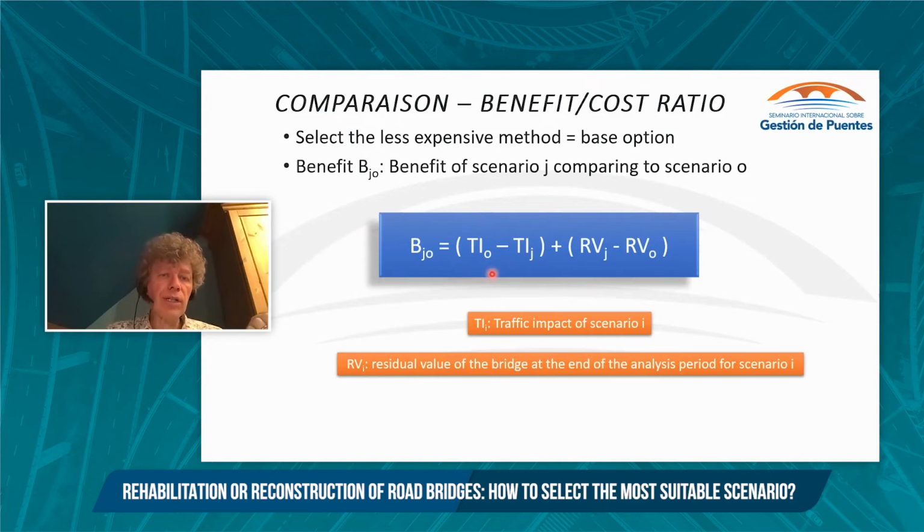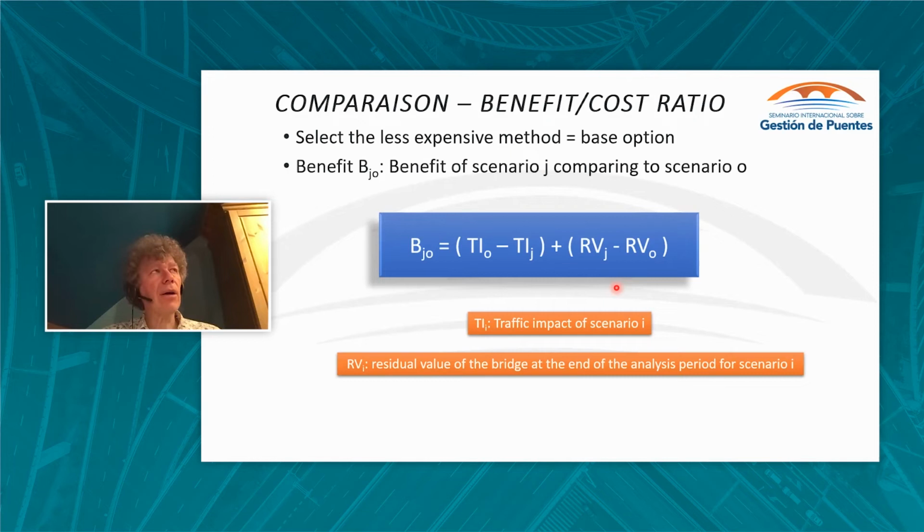The first block is, in fact, the difference in traffic impact between the two scenarios. And the second block is the difference of the residual value of the bridge at the end of the analysis period for each scenario. So if I make the sum of these two differences, I can express a benefit of one scenario compared to a base scenario.